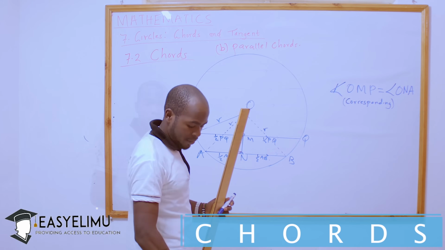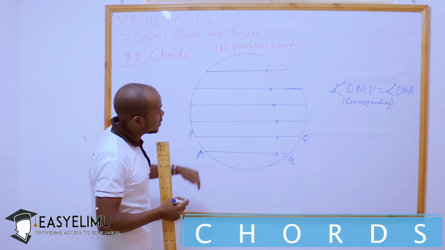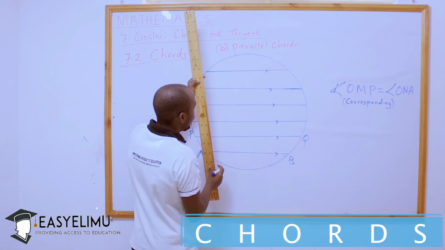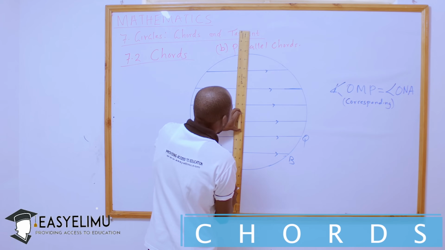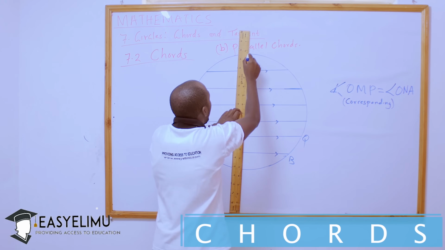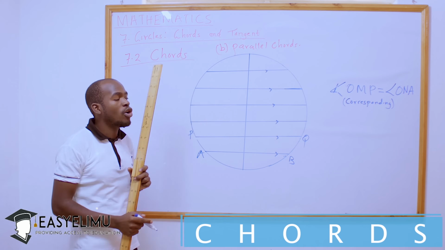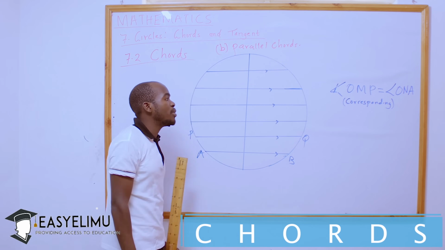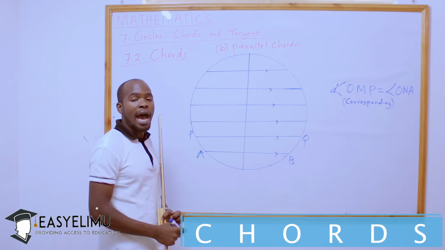But what if we have some more parallel lines passing through the circle? Let's see what will happen. Having some parallel lines like this throughout the circle, you find that you only have one line which will cut all the parallel lines into two equal parts, so that all the lines on the right hand side will be halves and those on the left are halves.